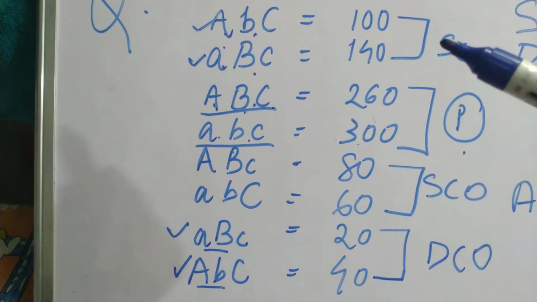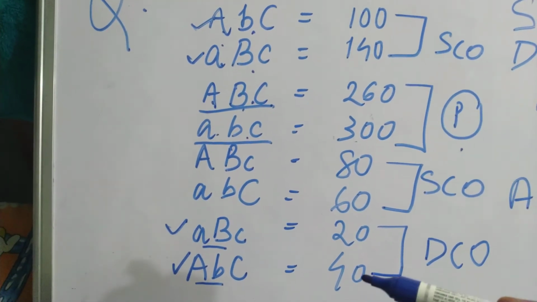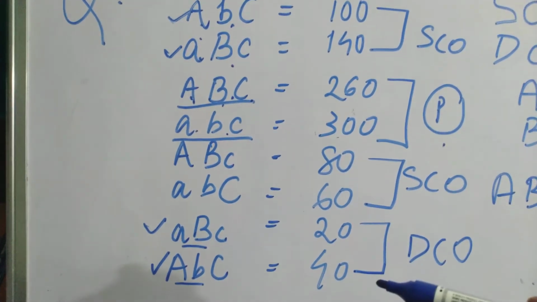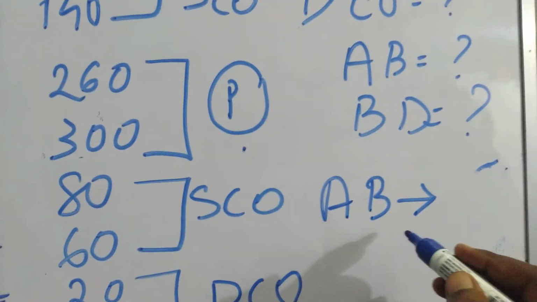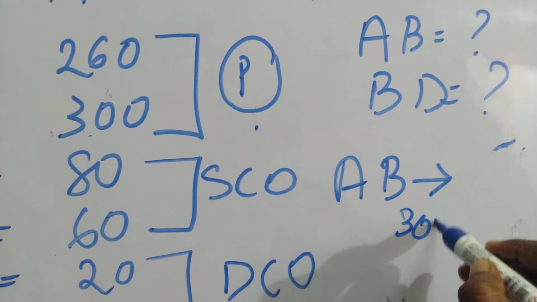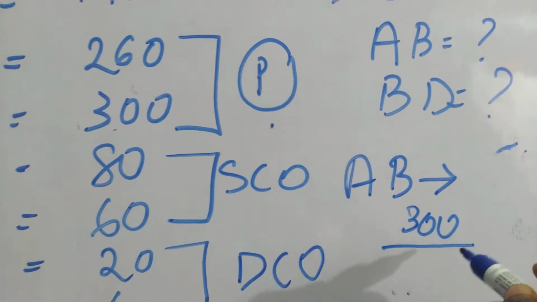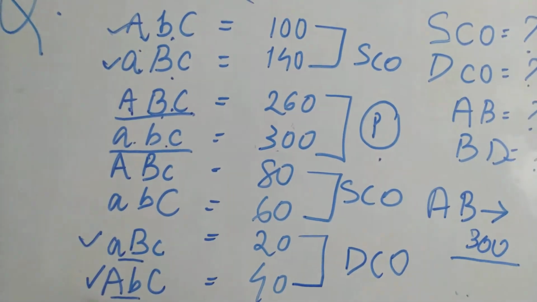So 240 and 60, that is equal to 300, right? So just write down 300 divided by the total number.